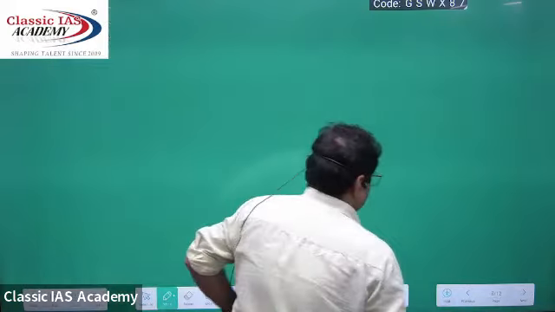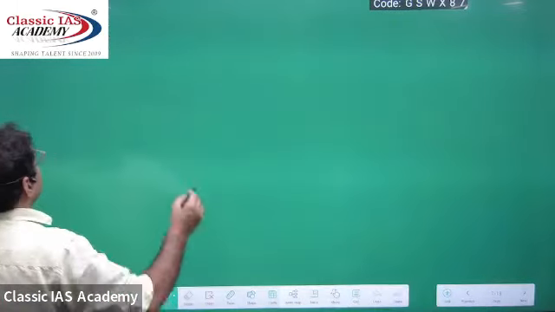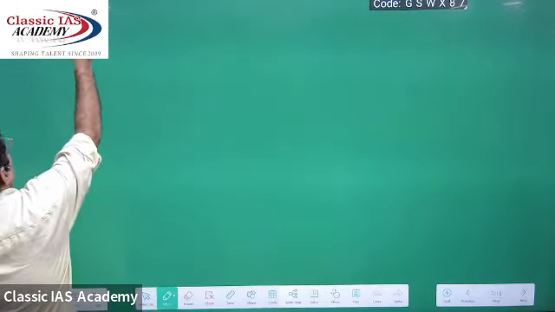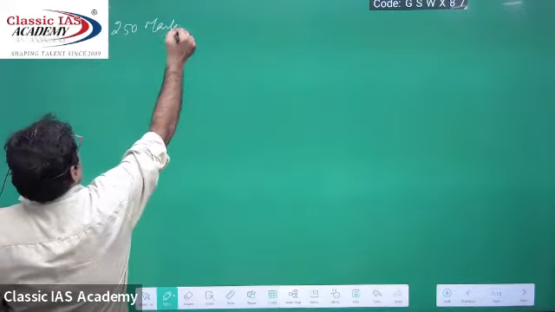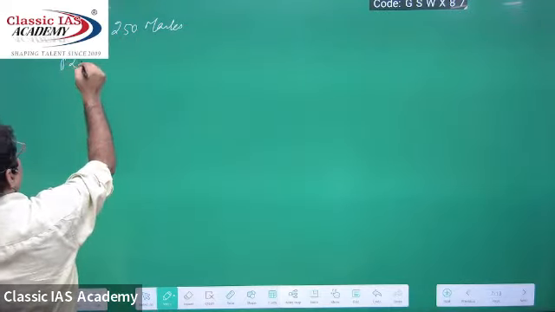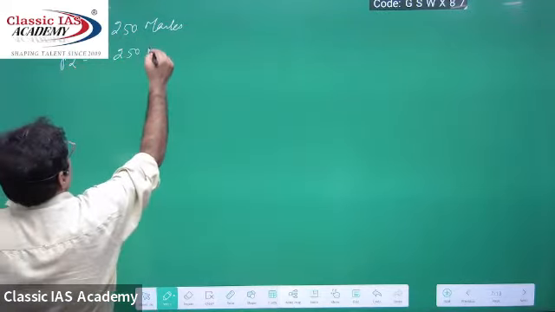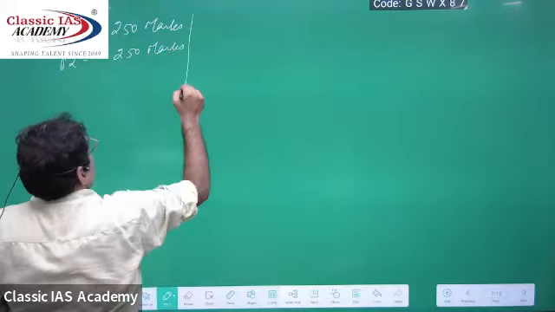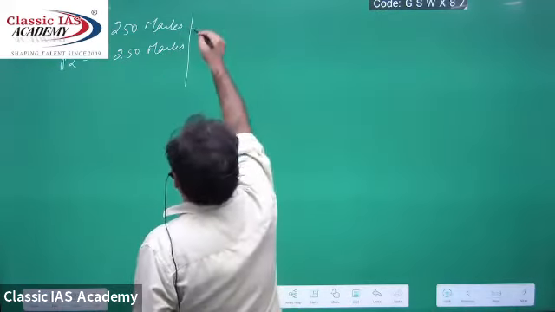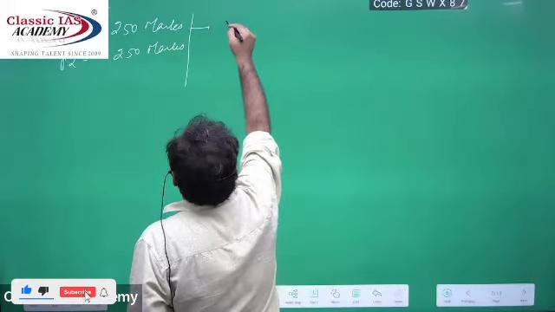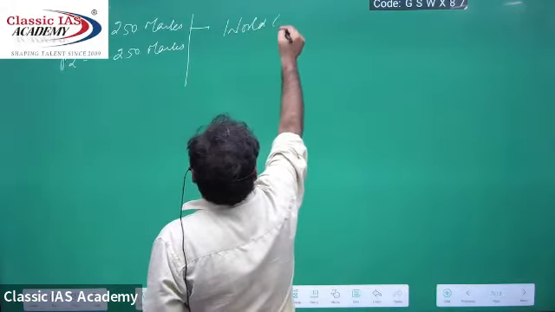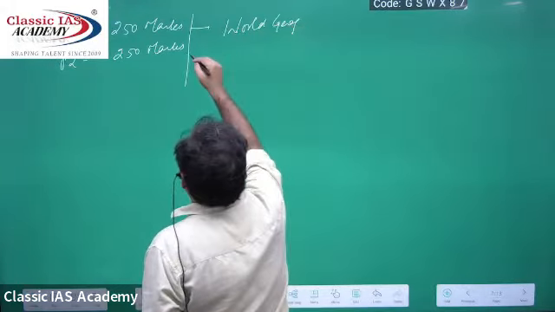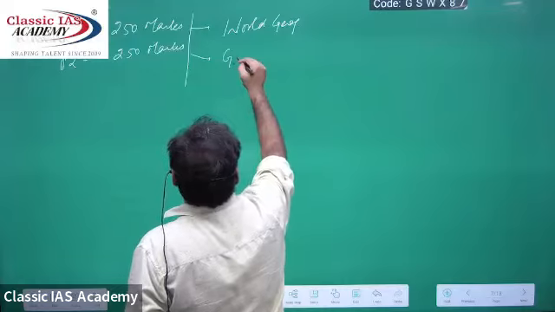So in geography, we have paper 1, which is 250 marks, and paper 2, 250 marks. Then paper 1 is world geography, and this is geography of India.